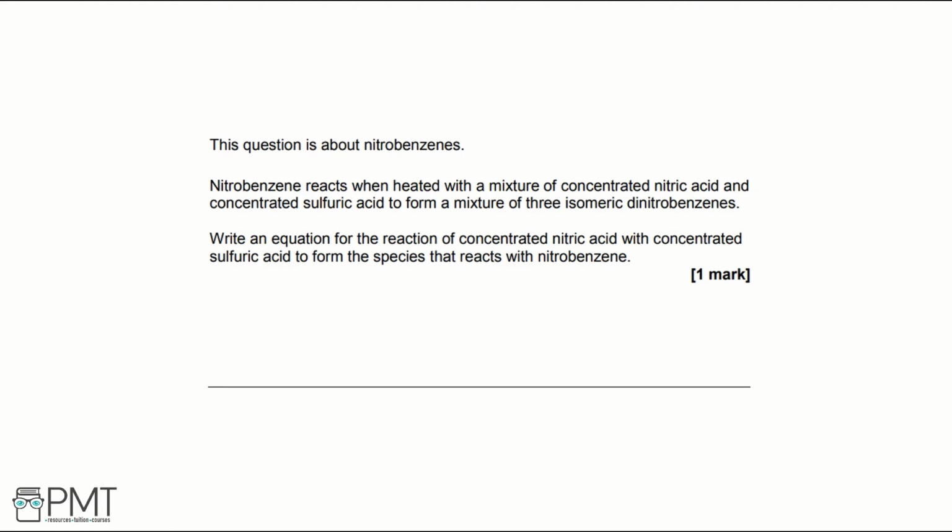So in this question we're generating an electrophile in order to form our dinitrobenzenes. So we're reacting concentrated nitric acid and concentrated sulfuric acid. So that's the first bit of our equation. We can have HNO3 plus H2SO4.